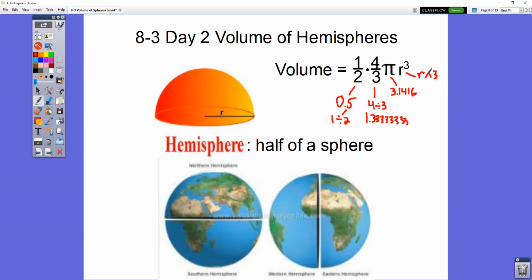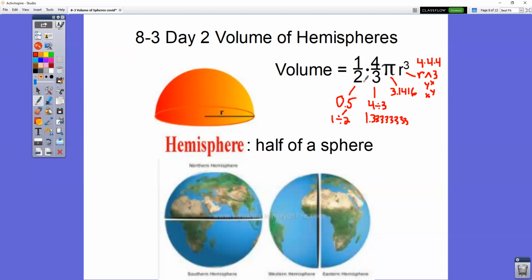Remember, if you don't have a caret button on your calculator, it might show up as y to the x or x to the y. That's the same thing as the caret button. Or if you had a radius of 4, for example, you might just do 4 times 4 times 4. When you cube a number, or take it to the third power, it's just that number multiplied out 3 times.